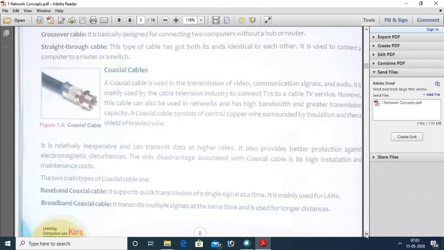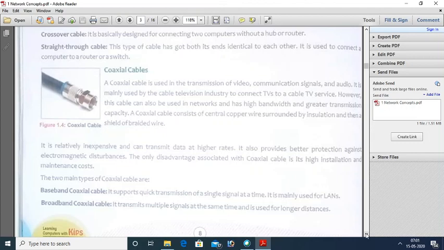A coaxial cable consists of a central copper wire surrounded by insulators and then shielded by braided wire. It is relatively expensive and can transmit data at a higher rate.